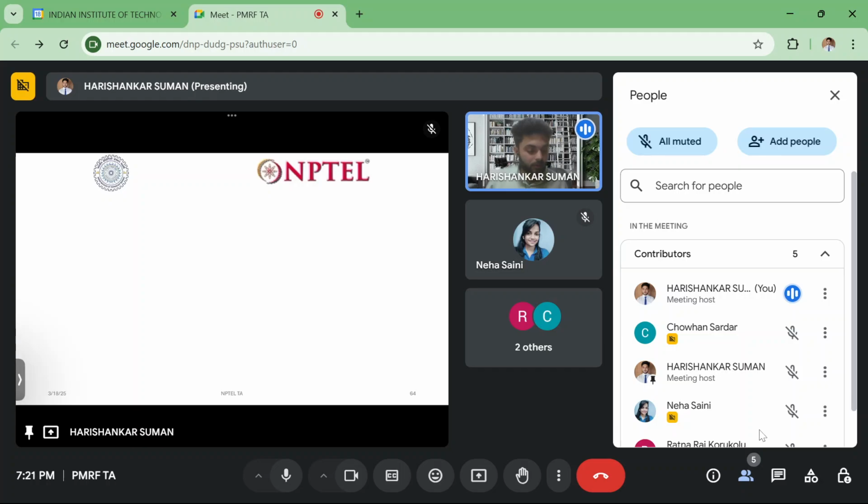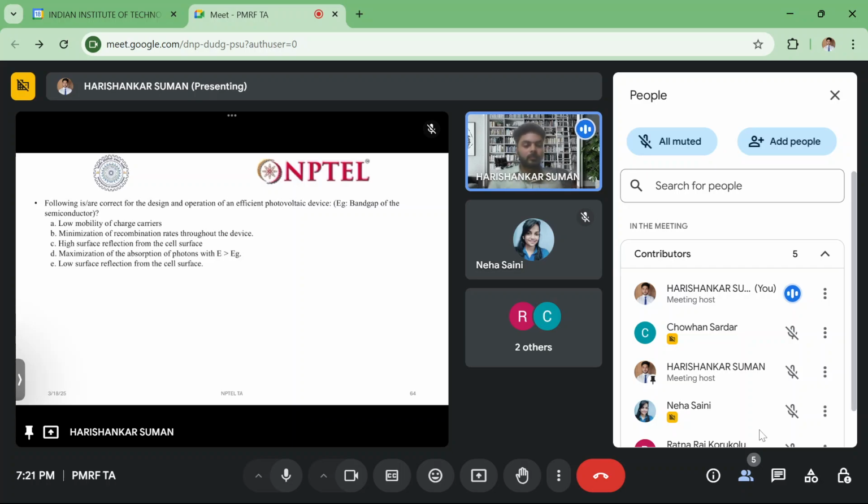Which of the following are correct for the design and operation of an efficient photovoltaic device? Please answer if you know.